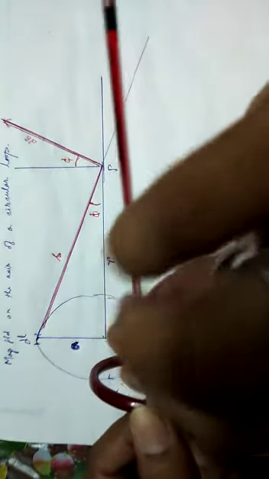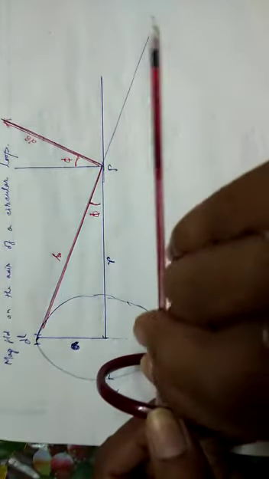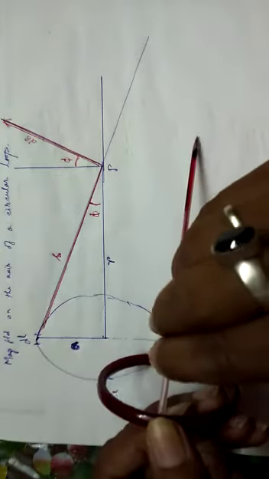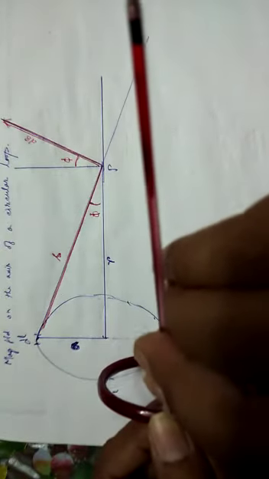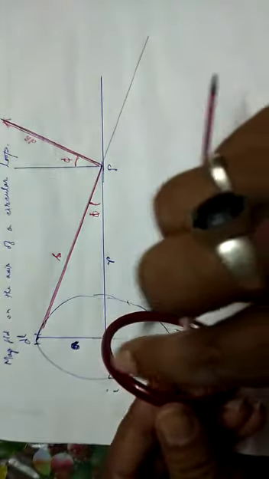It does not matter how the displacement vector is oriented, it is always perpendicular. So this angle is always 90 degrees.